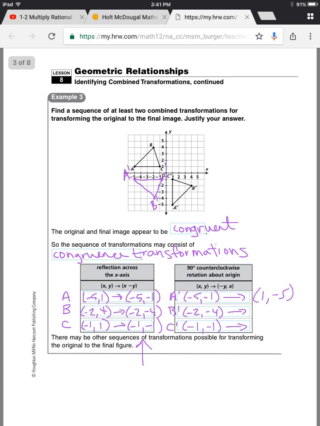B prime, our -4 is negative, so we switch it to its opposite, which is 4, put it in our x position, and then -2, because we switch the coordinates. And then C, our -1, the opposite of -1 is +1, and we flip them. Okay, so there you go. These will all be those coordinates, or should be if you did the work right.